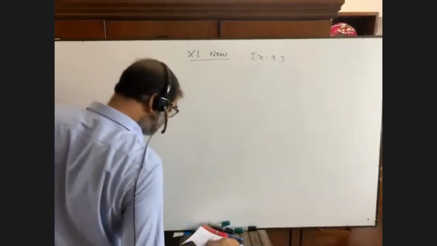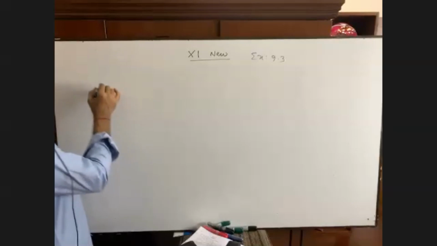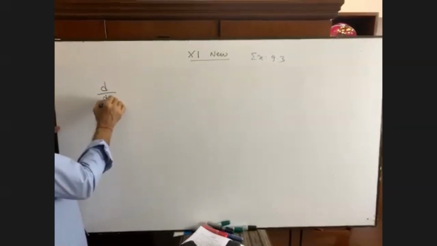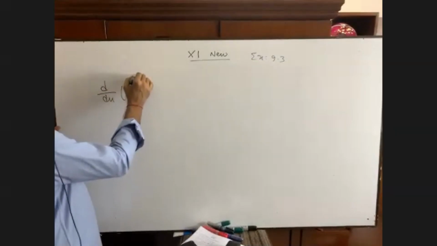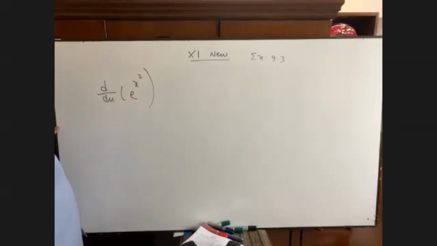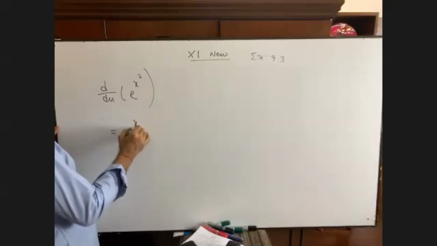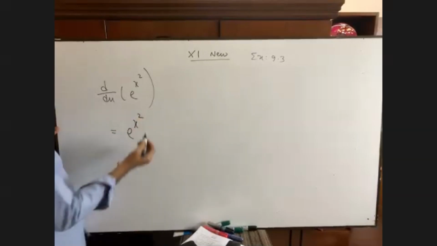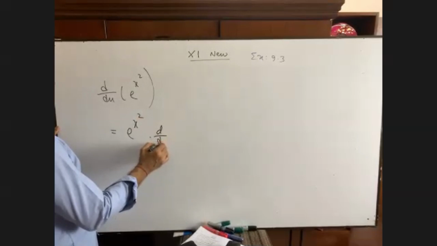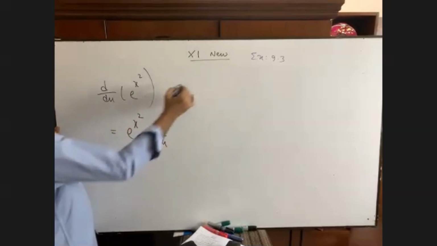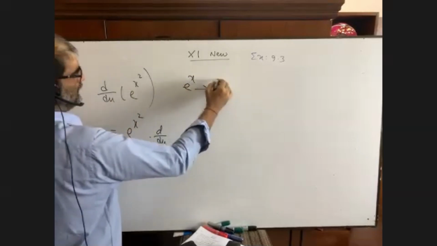The next one, d by dx of e to the power x square. Don't be afraid. E to the power x equals to what? E to the power x. Here x is x square. In this math, e to the power x, e to the power x. So what is x?